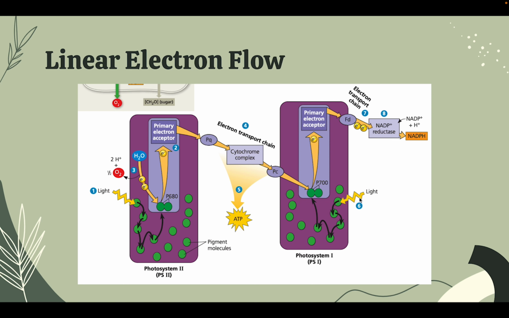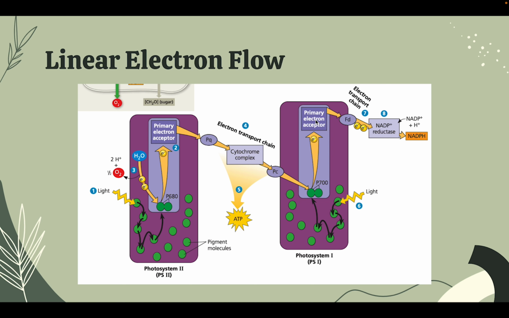In photosystem 1, largely the same thing happens. Light excites an electron in a chlorophyll molecule. That energy gets passed on to these two special chlorophyll molecules, and then an electron there jumps up to the primary electron acceptor, and now we have an electron hole. Instead of plugging that electron hole with electrons from water as in photosystem 2, the electron from photosystem 2 that is out of energy comes and plugs the electron hole here.